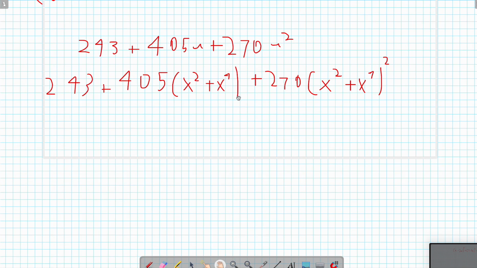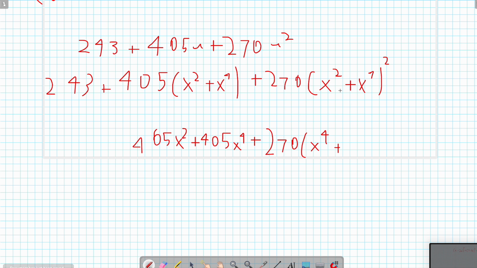We're going to ignore 243 since we don't need it. So 405x squared plus 405x to the 4, plus 270 times x to the 4, plus 2ab, which is 2 times x squared times x to the 4, which is 2x to the 6, plus x to the 4 times x to the 4, which we multiply powers, x to the 8.